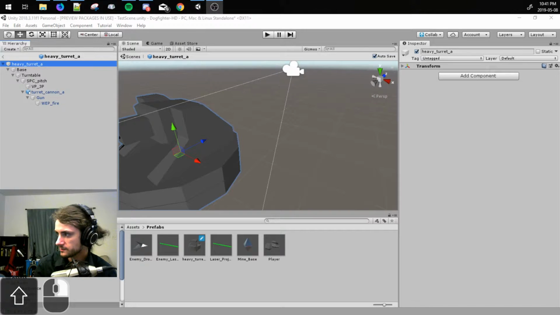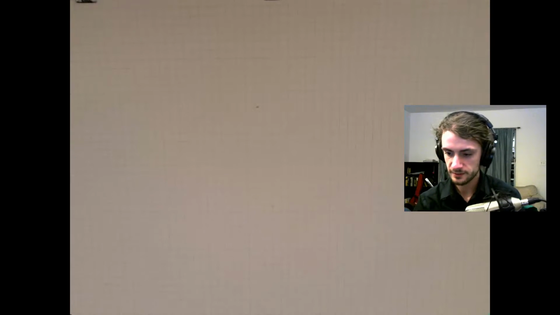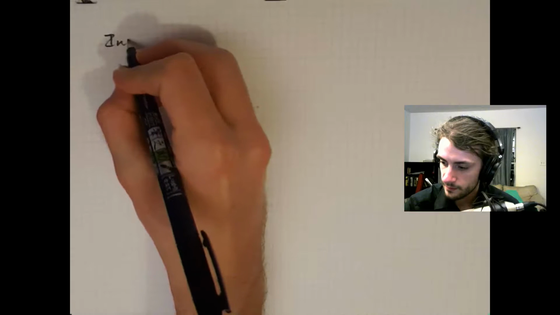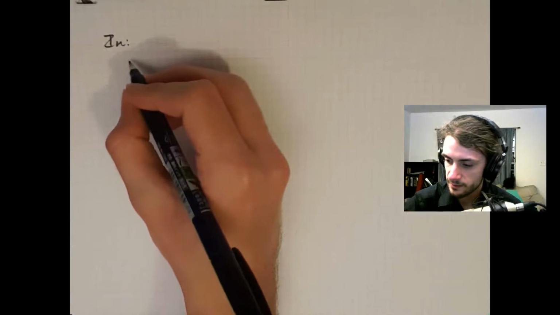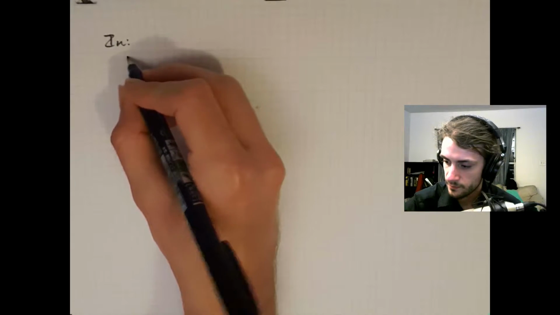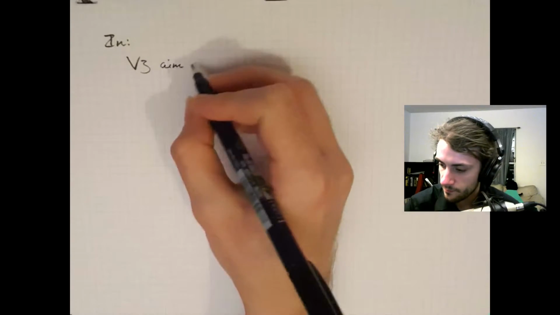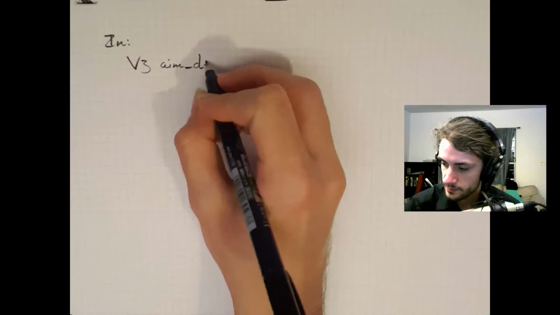Let's go back to the paper for a sec. We're gonna have a couple things already that we know about for our script. Our inputs are gonna consist of a Vector3 aim direction.